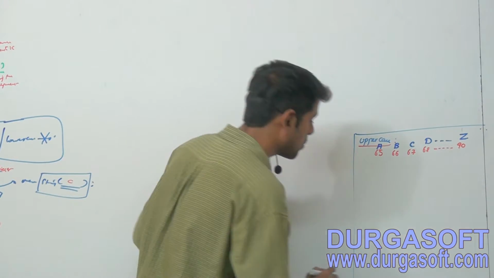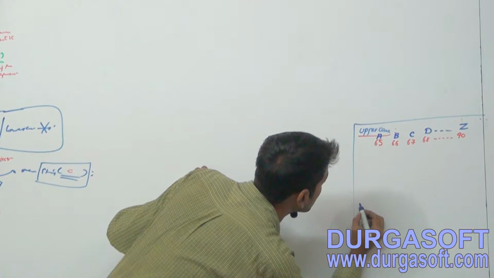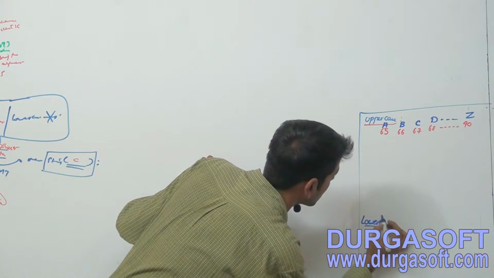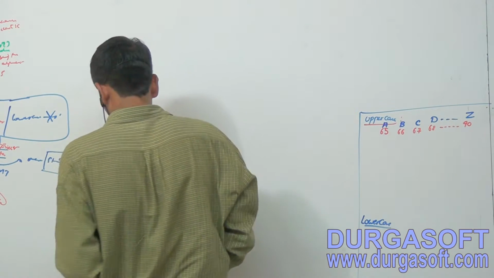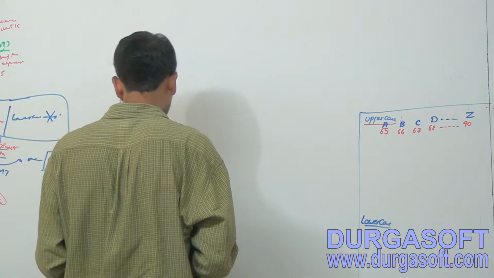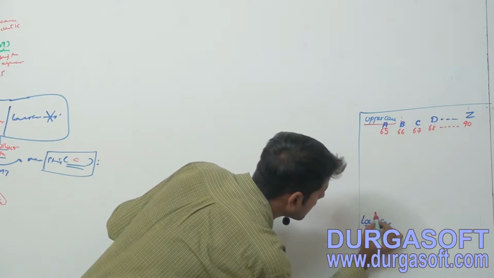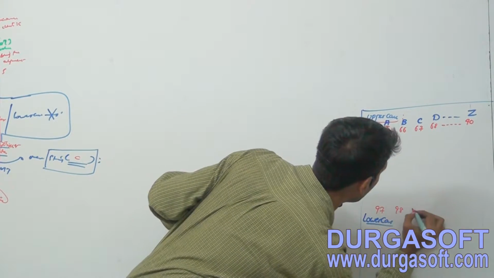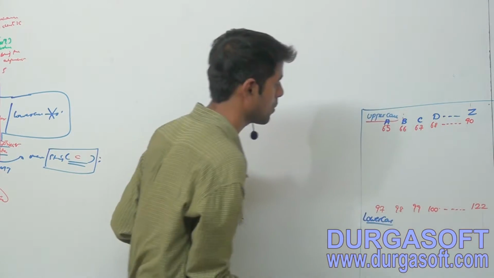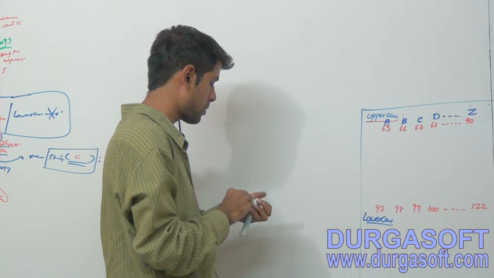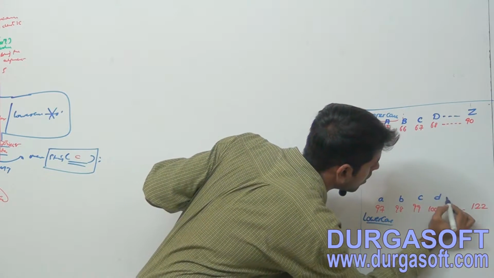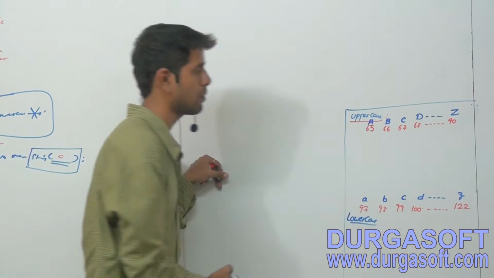Now for lower case, its range starts from, friends, 97, 98, 99, 100, and so on till 122. It is small a, small b, small c, small d, so on, small e, up to z.